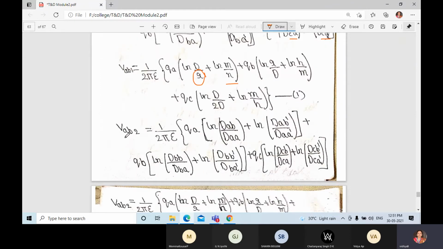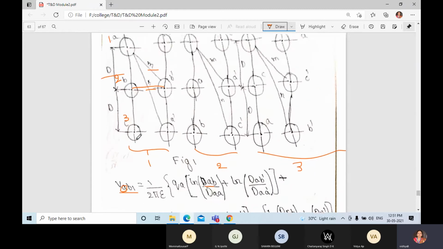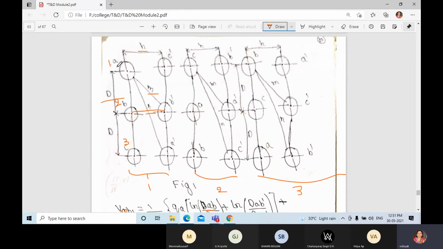Similarly, we can write the equation for the second position. Here you can observe the position of A is changed from 1 to 2 in the second interval, and in the third interval it is changed to the third position. Similarly, we need to write the equation for this also.